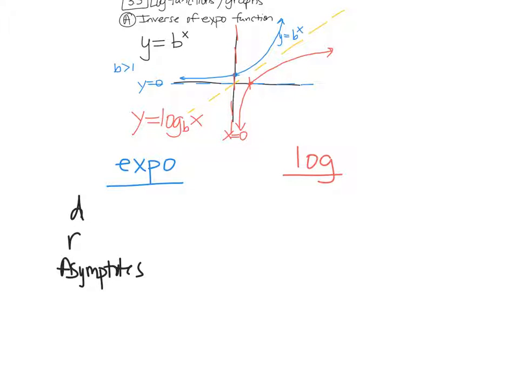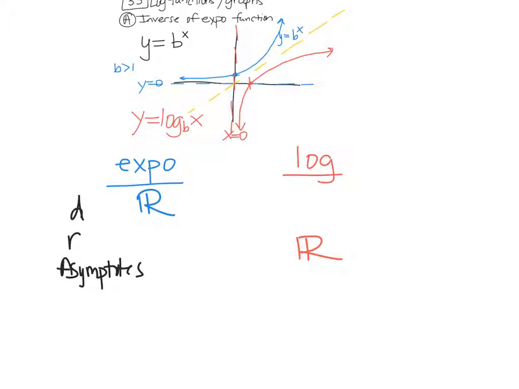For exponential functions, do you remember what the domain was? All real numbers. Perfect. Now, since logs and exponential functions are inverses of one another, that's going to be the range for my logs.